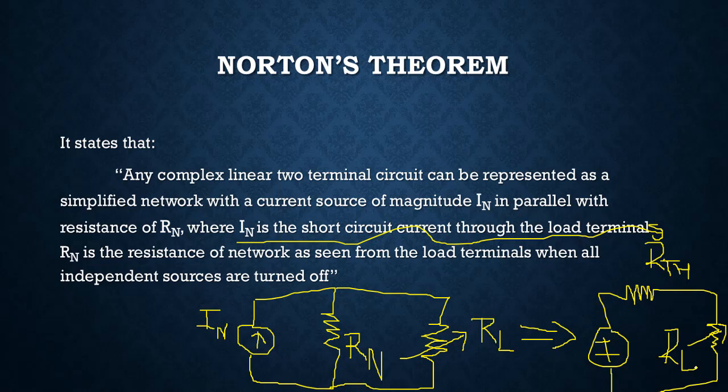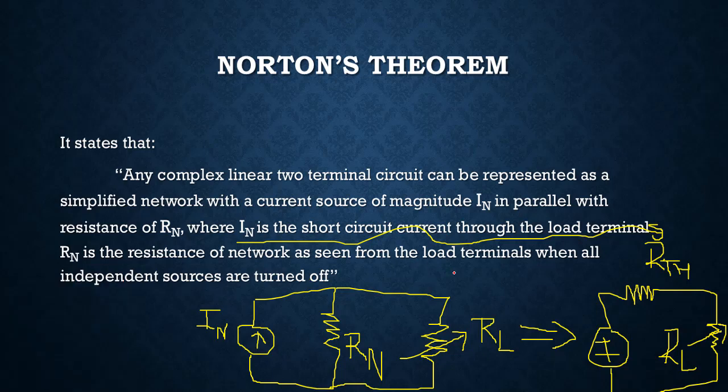So basically Norton and Thevenin equivalent circuits are nothing but the source converted format of one another. If I have a Thevenin equivalent circuit, I just need to apply source conversion to it, convert the voltage source into its equivalent current source, and I will get the Norton equivalent circuit.